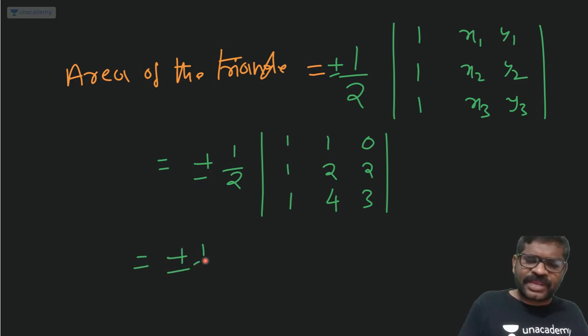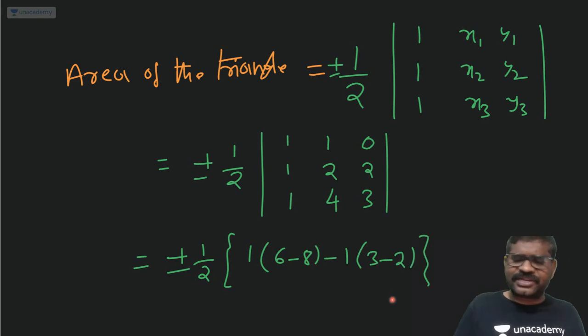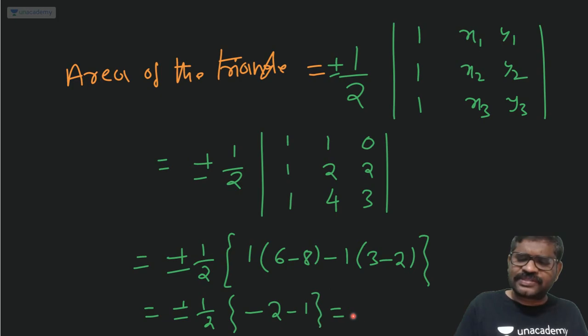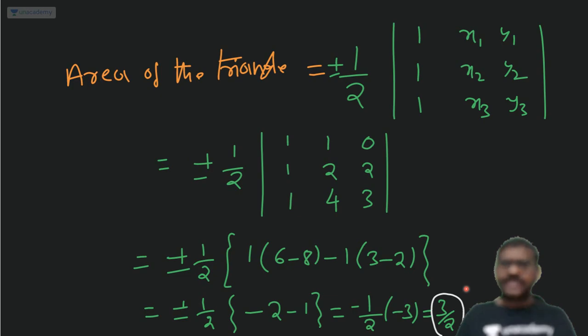Plus or minus 1 by 2 of 1 multiplied with 6 minus 8, minus 1 of 3 minus 2, plus 0, right? That is plus or minus 1 by 2 of 6 minus 8 is -2, minus 1, that is -3. Minus 1 by 2 of minus 3, that is 3 by 2. Area is 3 by 2. Understood?